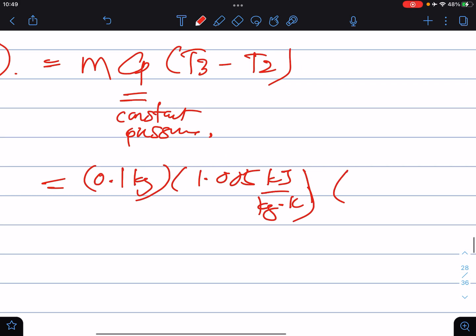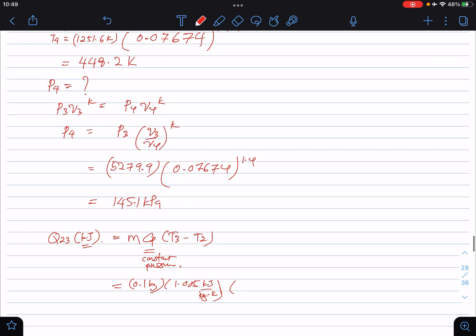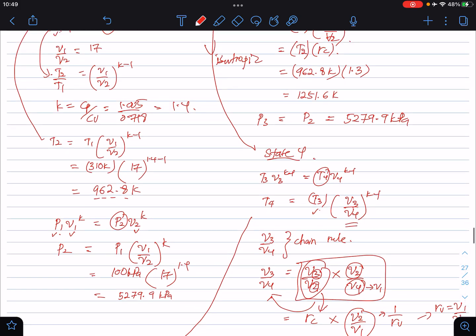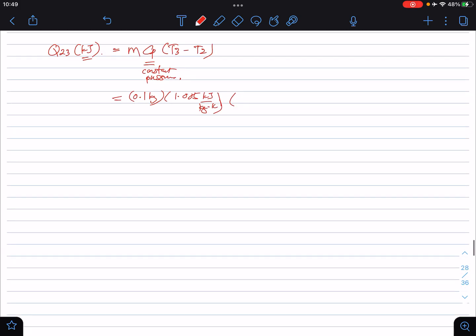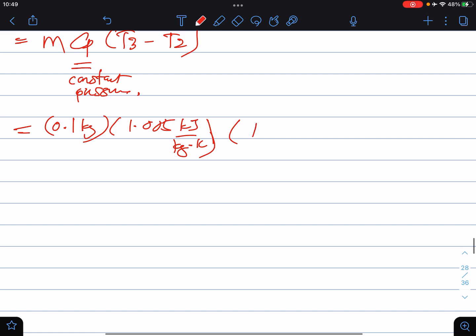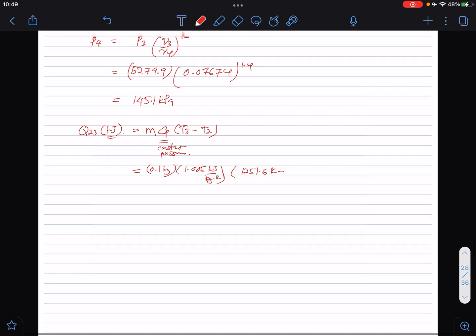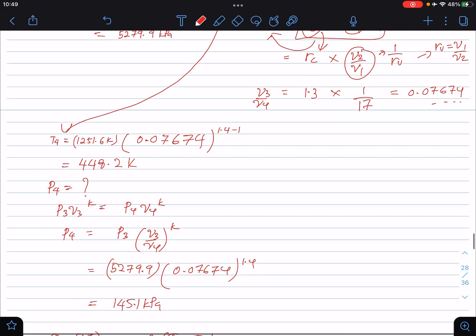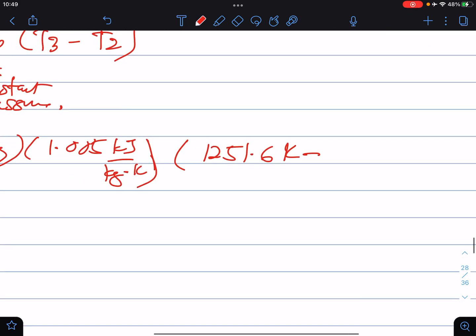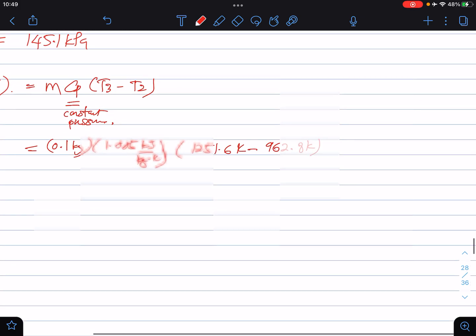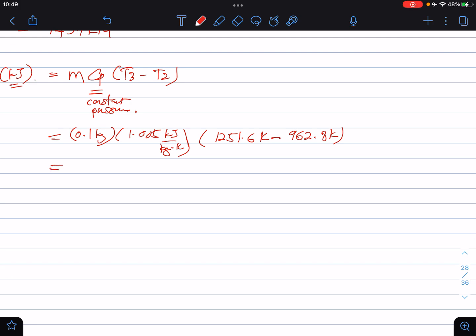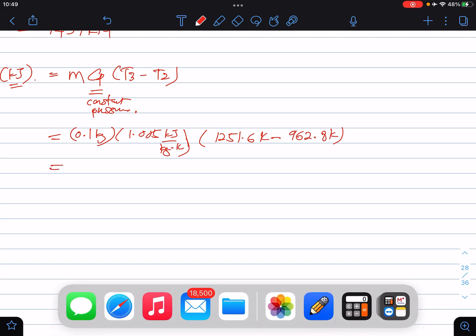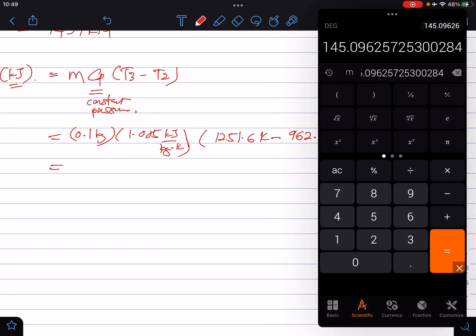Okay, T3 is the maximum temperature. Just now we get as 1251.6 minus with the T2, which is 962.8. Okay, and then you punch a calculator, then you get the answer.